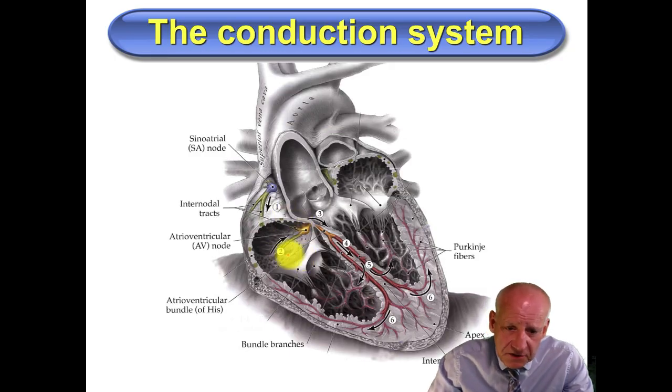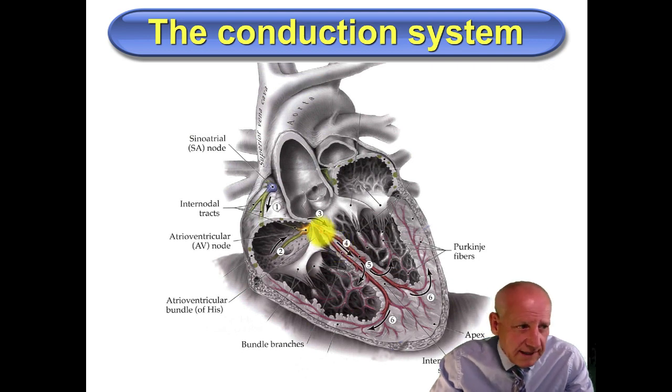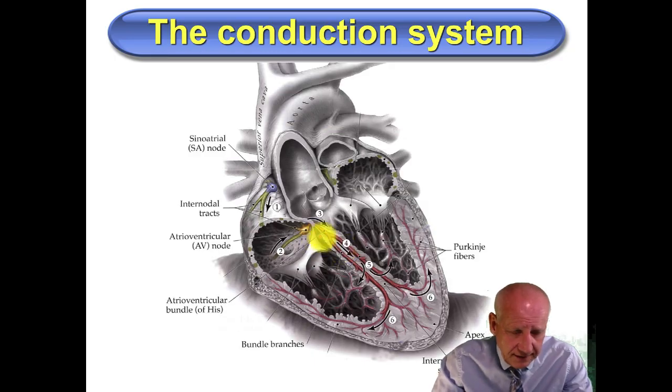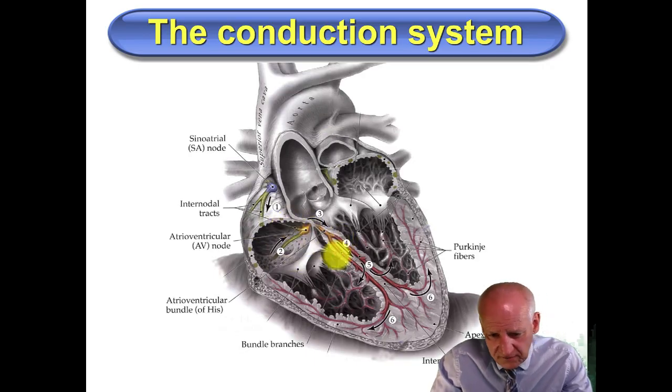Okay, in addition to transmitting the excitation across the fibrous skeleton, the AV node delays the impulse before passing it on to the ventricles. Now think about this. This delay is absolutely crucial because that allows the atria enough time to help fill the ventricles before they're excited. Remember, the atria serve as small booster pumps to the ventricles, helping to fill it in the very last phase of ventricular filling.